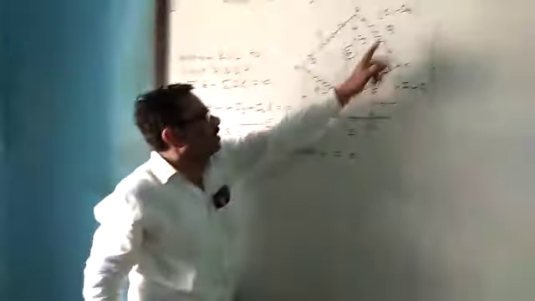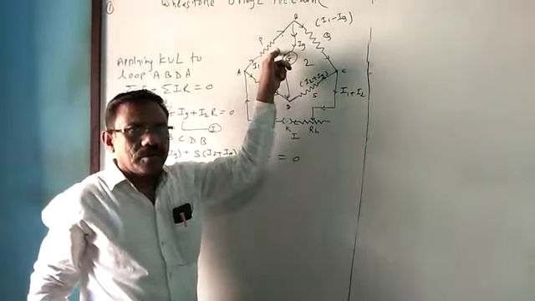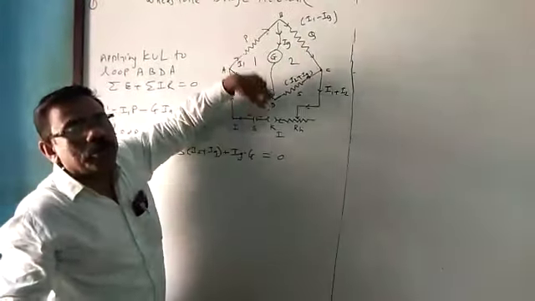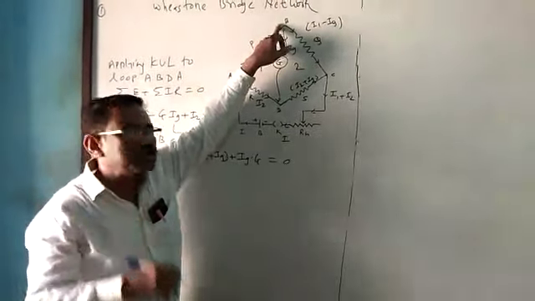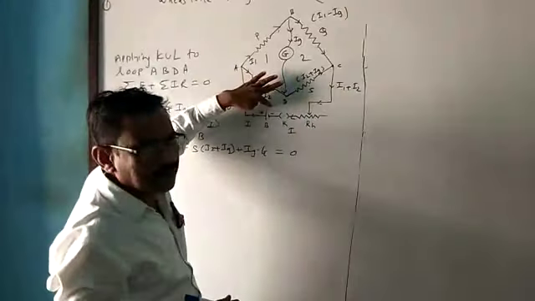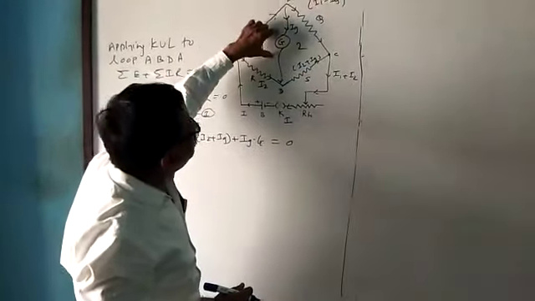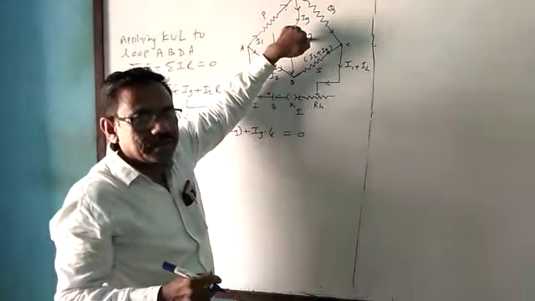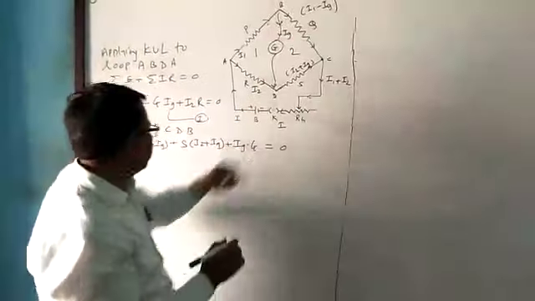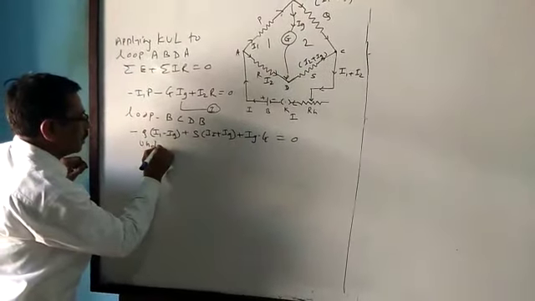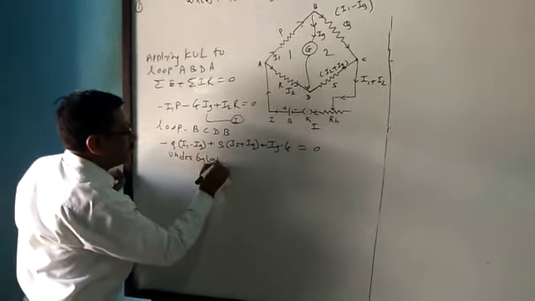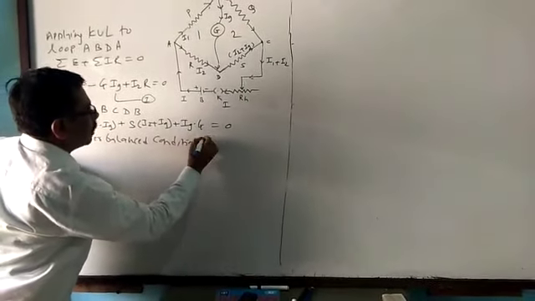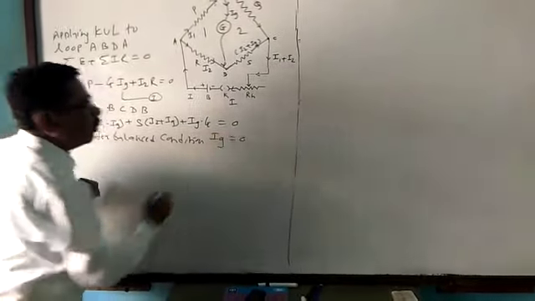But in order to balance this bridge, B and D must be two equipotential points. When these two points are equipotential, the current flowing through the galvanometer G is 0, and therefore under the balanced condition, the current flowing through the galvanometer is 0.